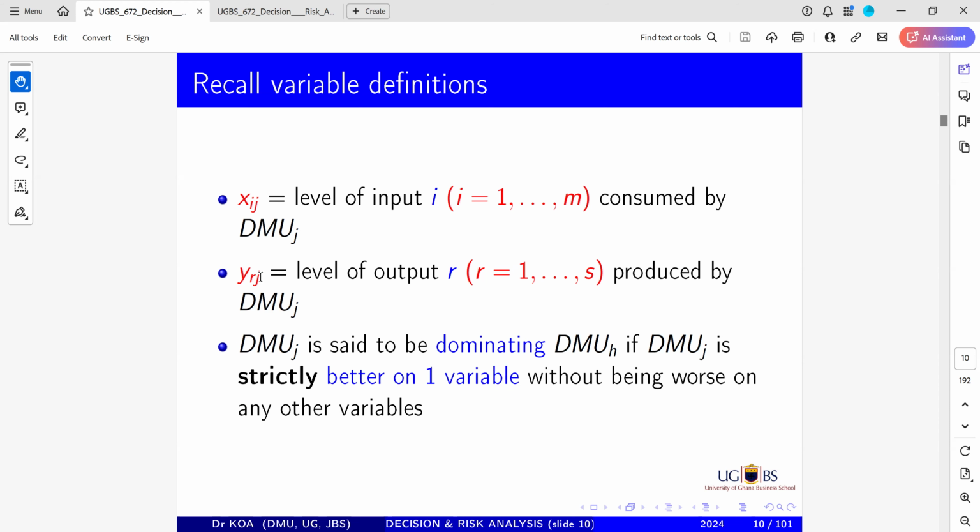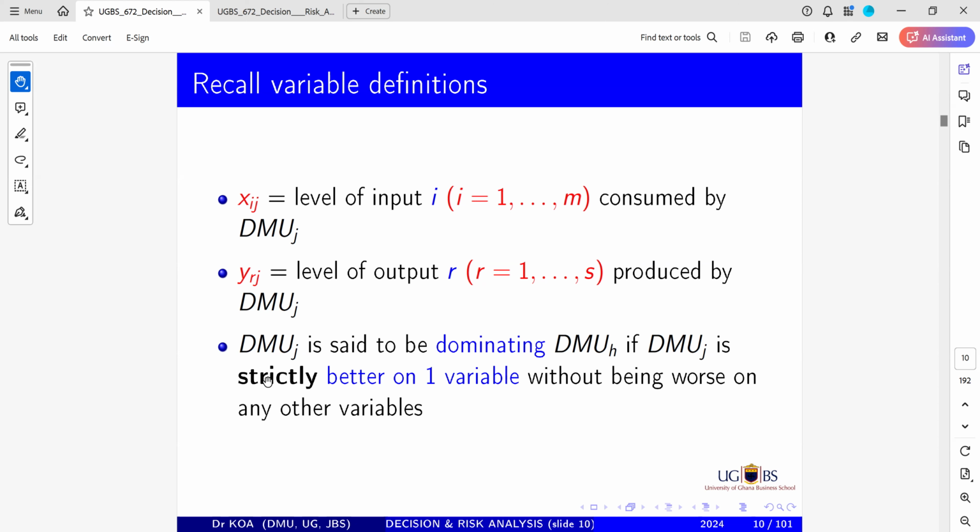The DMU is a dominating DMU, or it is a dominated DMU. A dominating DMU is the one that is using less input in one of the inputs, at least, or producing more outputs in one of the outputs, at least.